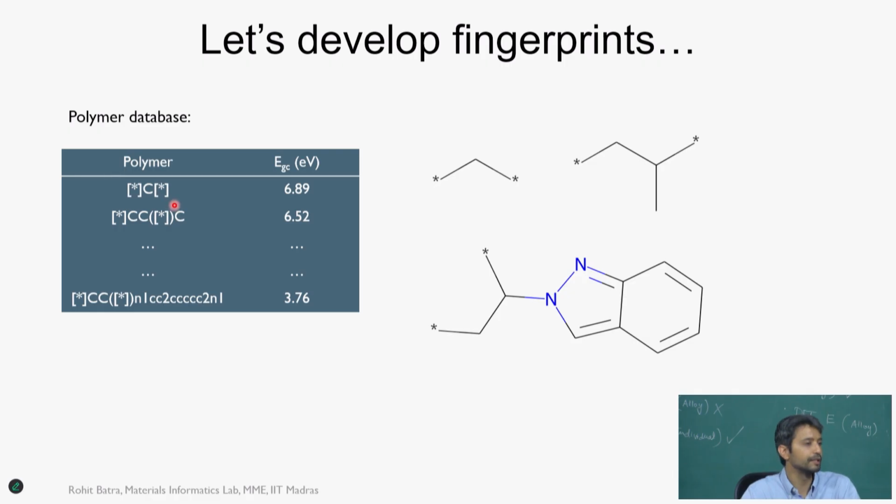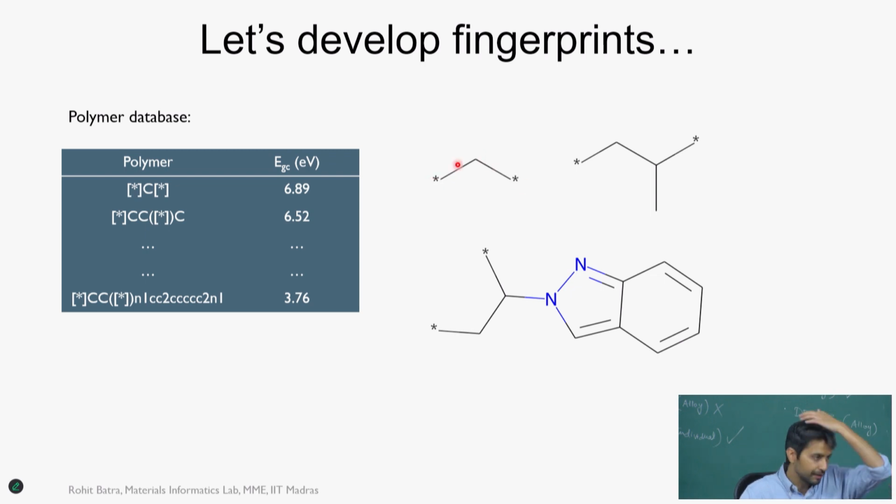This is how a polymer database may look. In polymers, you can represent them using something called SMILES. SMILES is nothing but a textual way of representing polymers, or even monomers or molecules. So for example, this is my first polymer, and this is what it represents.